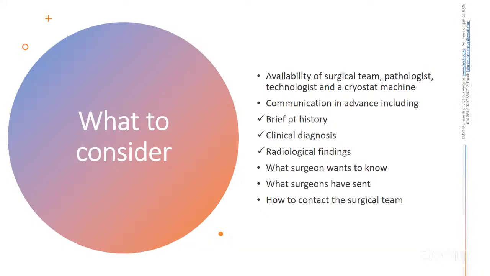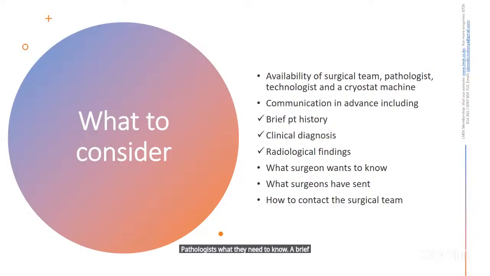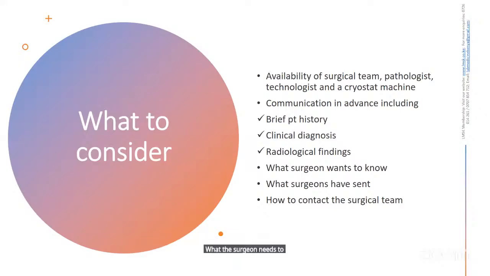Then when the surgeons are communicating, they should be able to tell the pathologist what they need to know. A brief history of the patient, clinical diagnosis, what they think the patient is having, what they're interested in, the radiological findings, what the surgeon needs to know, what they have sent. If you have sent a lymph node, tell us you've sent a lymph node.